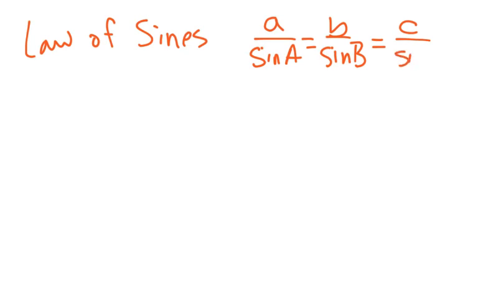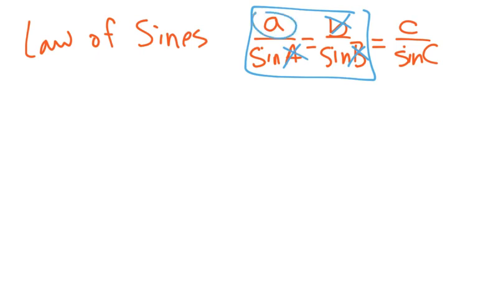Now we write it like this for the formula, but we generally only use 2 of them, okay? And we can flip it, so we can do the angles on top and the sides on the bottom, okay? And we end up using just 2 of them. We should have 3 pieces of information and always be looking for a 4th, whether that's an angle or a side, okay? So there's law of sines.